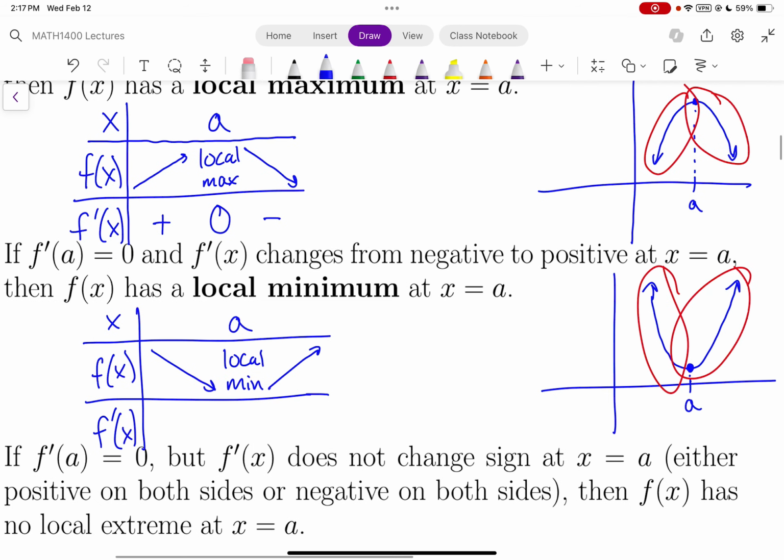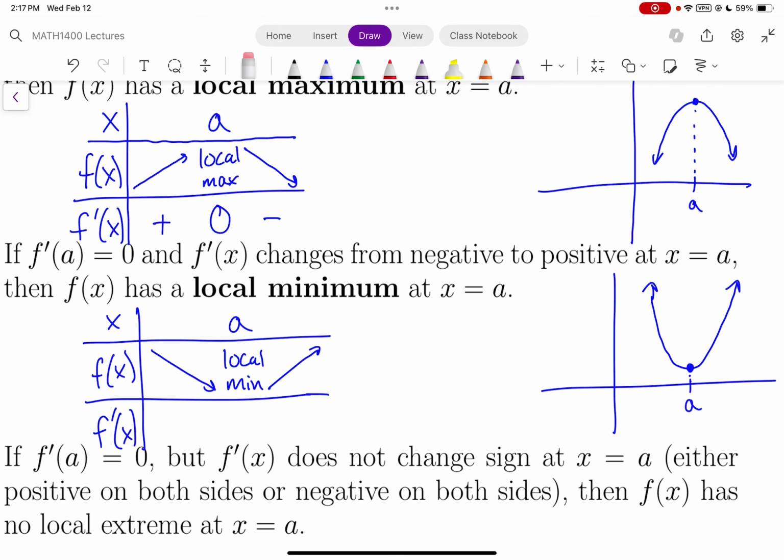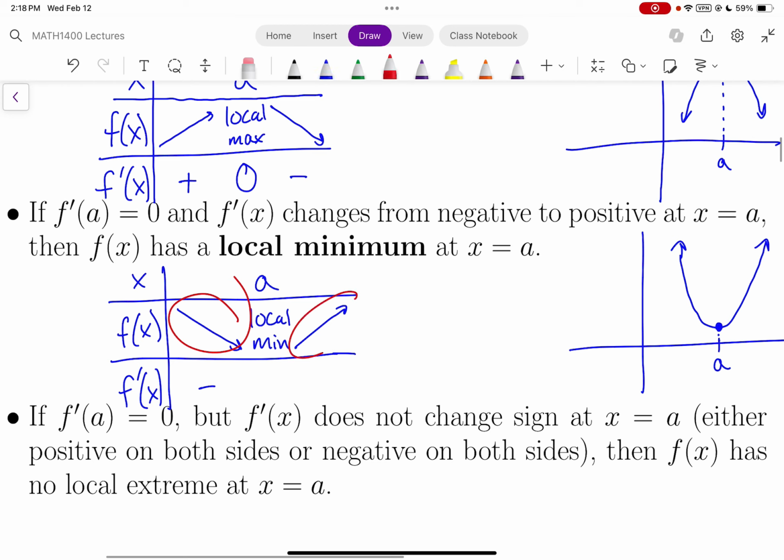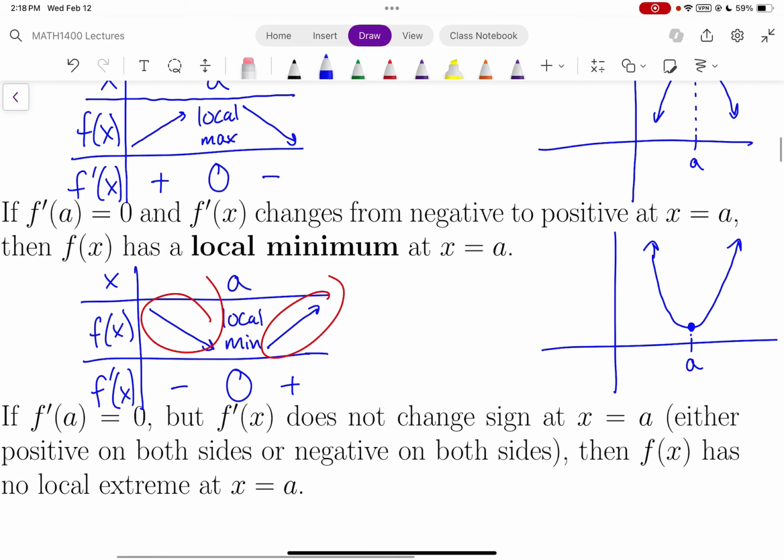I can erase these. Okay, and then what's happening with the derivative? Once again, when my function is decreasing, the derivative is negative, whereas when it's increasing, the derivative is positive. And then at the local min, once again, the derivative is 0.